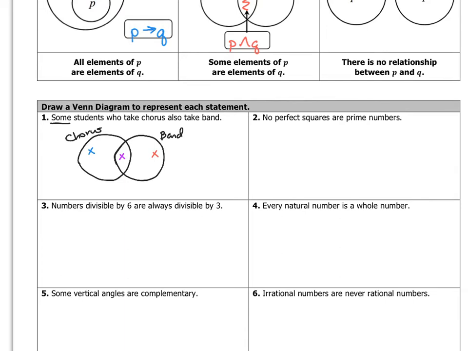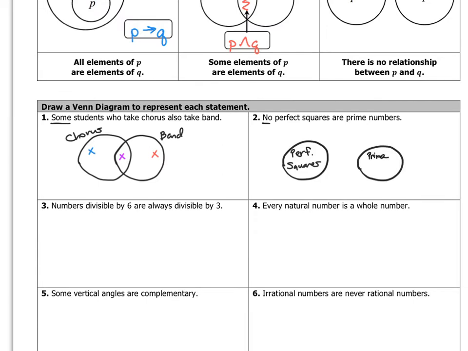All right, number 2. No perfect squares are prime numbers. So the keyword here is no. This is going to be a Venn diagram where our two circles are completely separated from each other. One circle is going to be the perfect squares, and then the other circle will be the prime numbers.